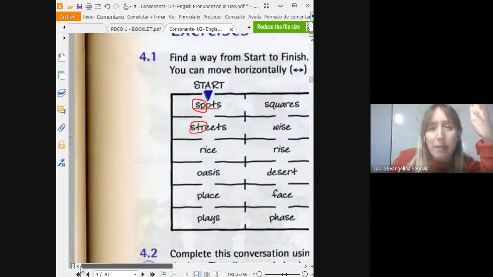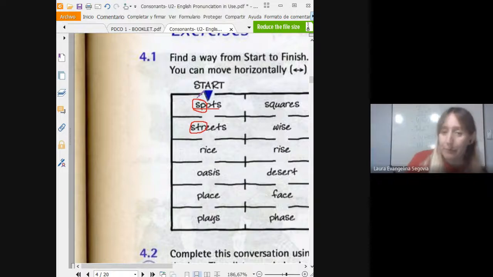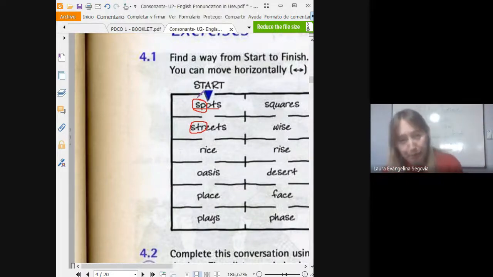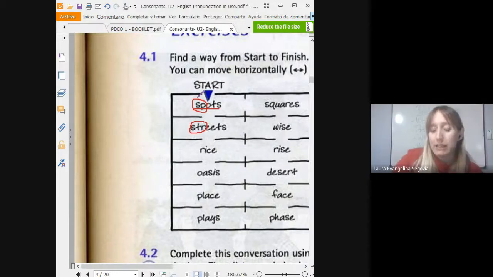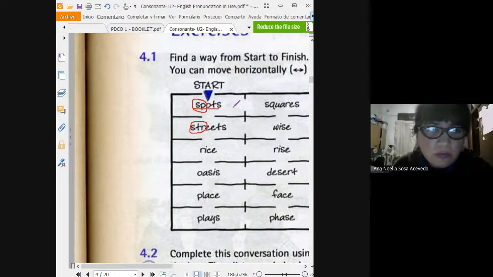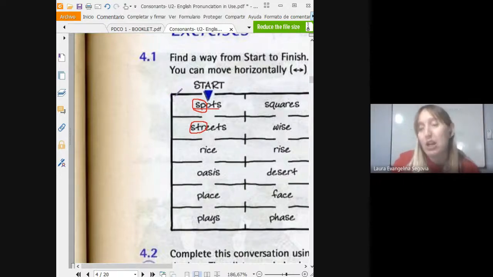Do you remember how we call the s sound in the first consonant cluster? An onset. Onset is the... okay, we have initial, pre-initial, onset.